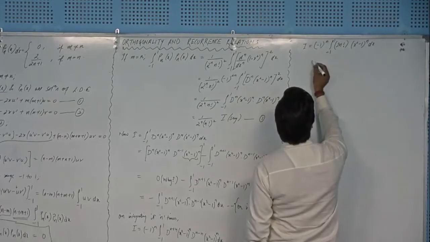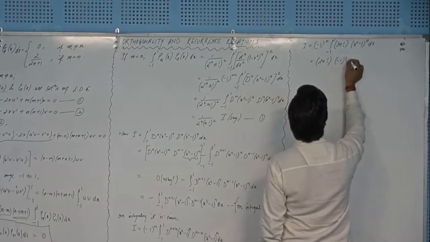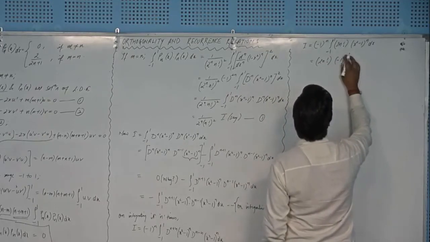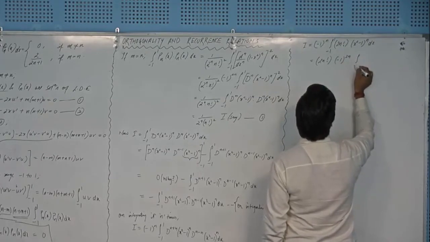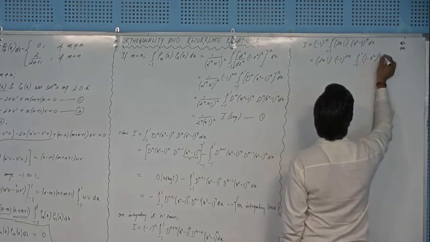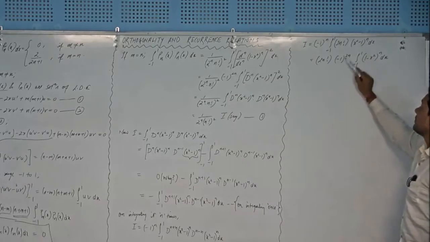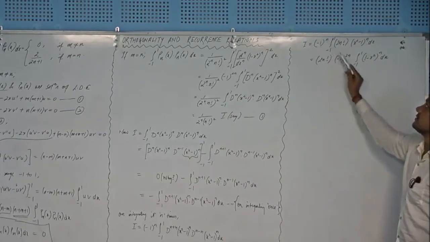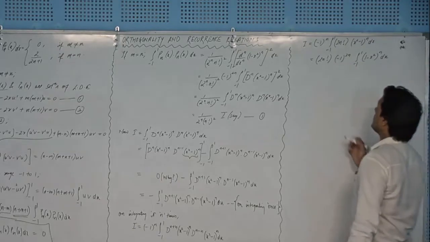So I can take this constant outside here, and minus 1 to the power n, I should write n plus 2n, yeah, why 2n? Because I can write it as (1 minus x square) to the power n dx. Taking minus 1 to the power n common from here will produce a 2n power here that will be added up with this, so it will again become positive.